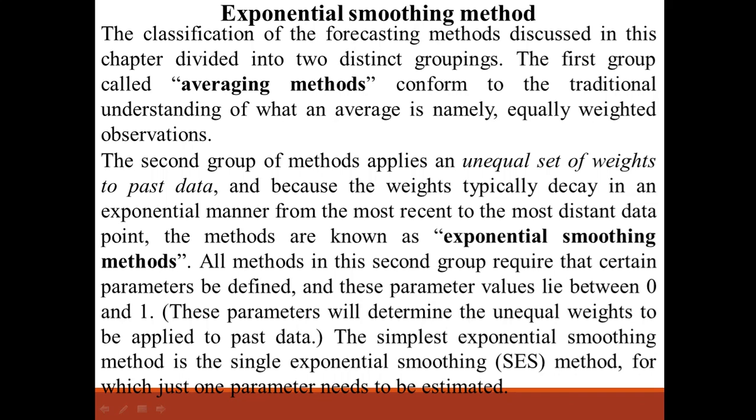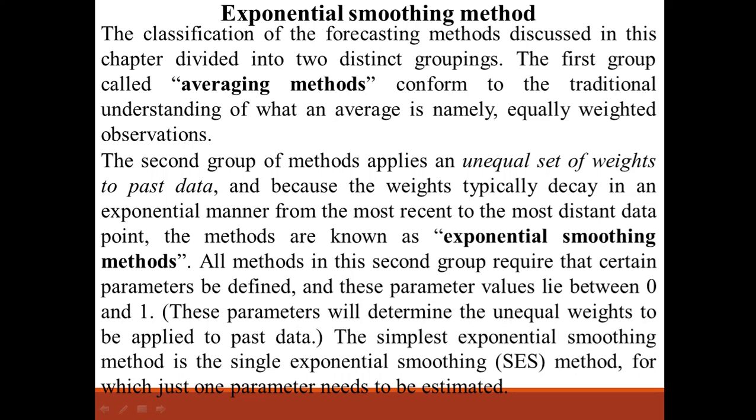The second group of methods applies an unequal set of weights to past data, and because the weights typically decay in an exponential manner from the most recent to the most distant data point, the methods here are known as exponential smoothing methods.